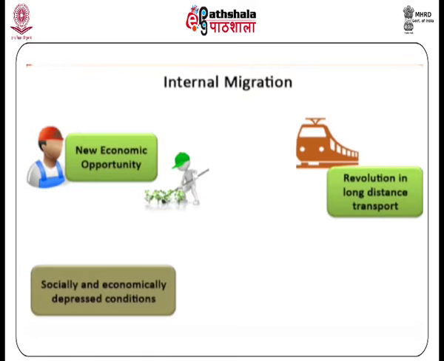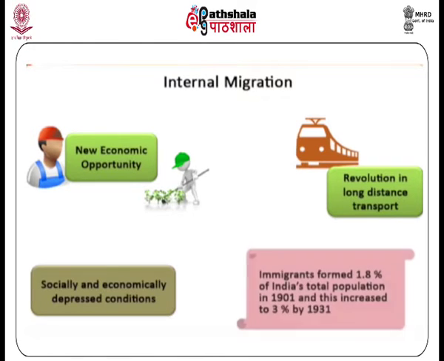People who declared themselves as immigrants formed 1.8% of India's total population in 1901, and this increased to 3% by 1931.